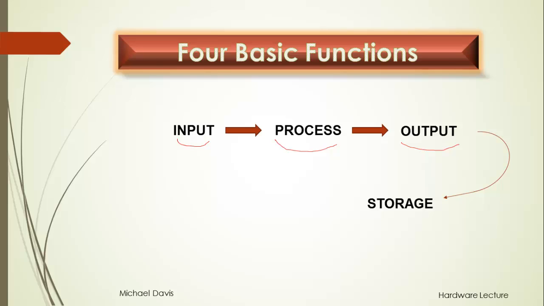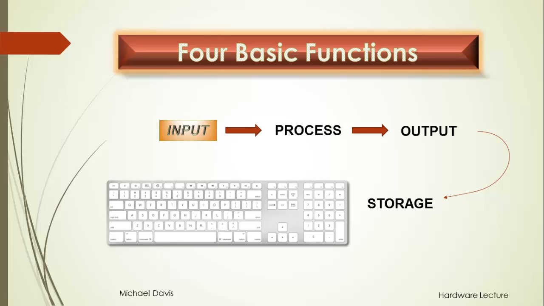Now, when we talk about computers, we often add this little category right here, storage. But if you really think about it, storage is just another form of output. And so we're going to discuss the computer system and its components in terms of these basic functions of input, process, and output.